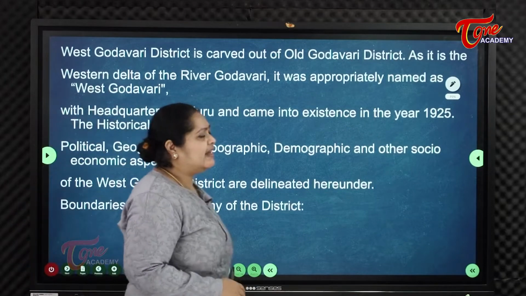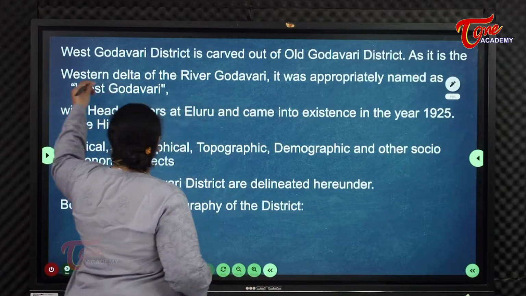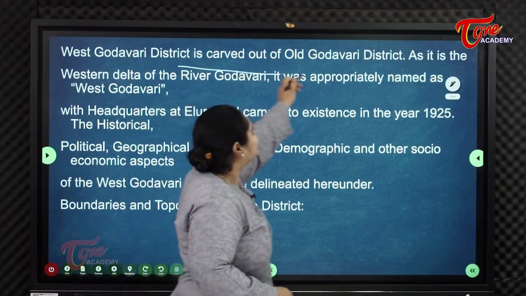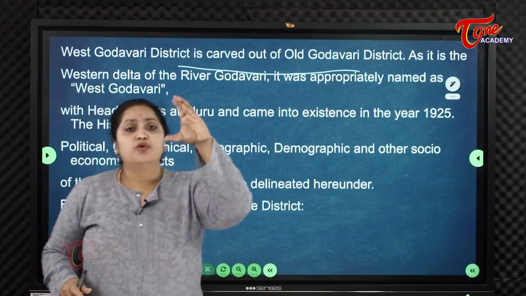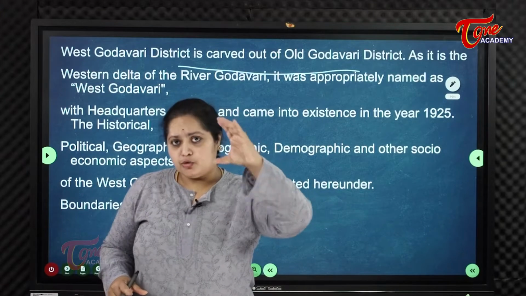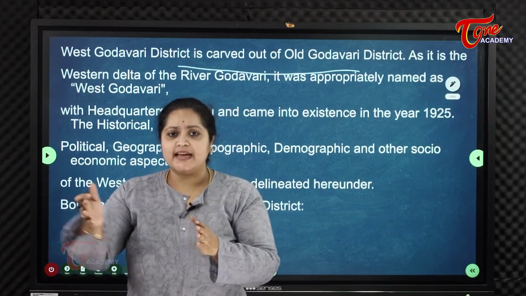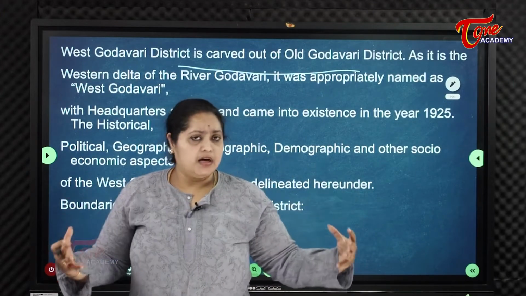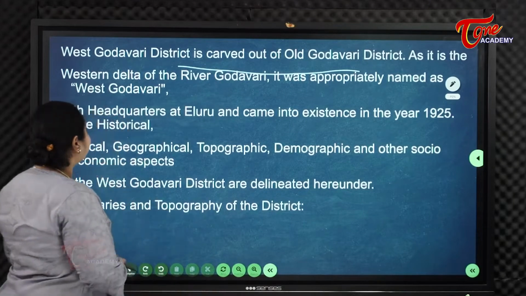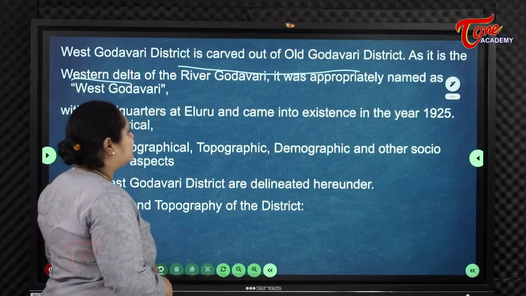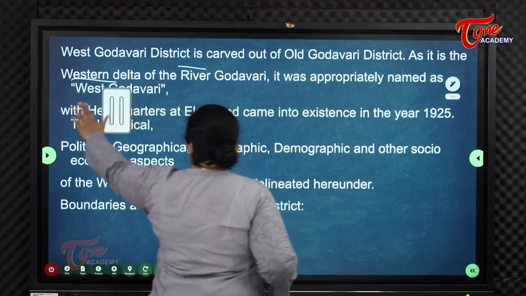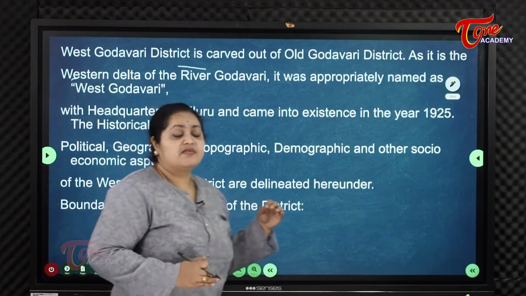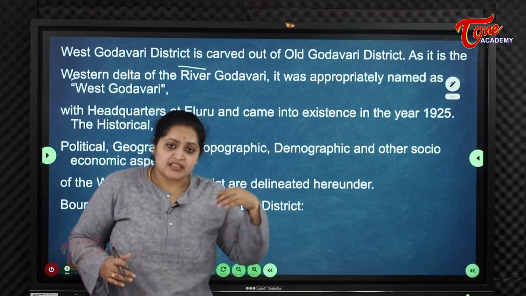Again, coming to the history, West Godavari district was carved out of the old Godavari district. Earlier there was only one Godavari district, called old Godavari. From that, West and East Godavari were formed. The western delta of the river Godavari is appropriately named West Godavari. Why is it named West?